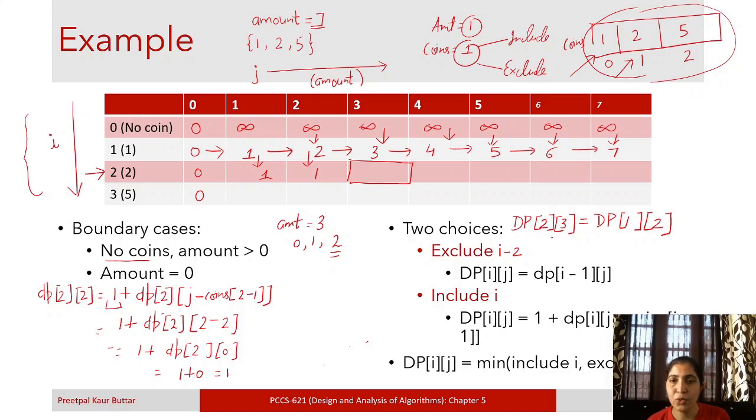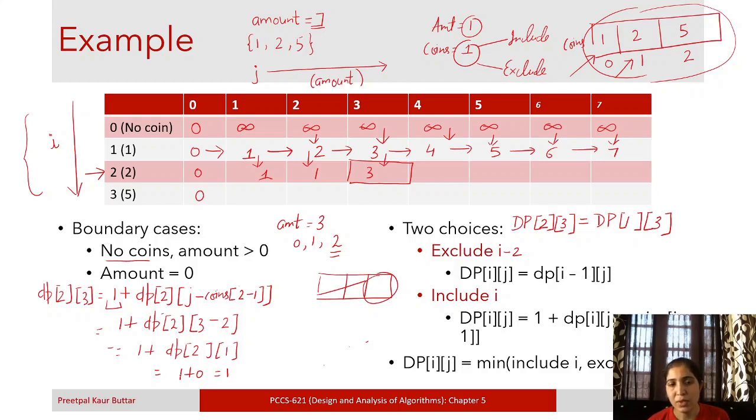When you exclude the 2 rupee coin, the solution will be the solution using 1 rupee coins, so it was 3. When you include the 2 rupee coin, the amount is 3, and by picking a 2 rupee coin, the amount left is 1.